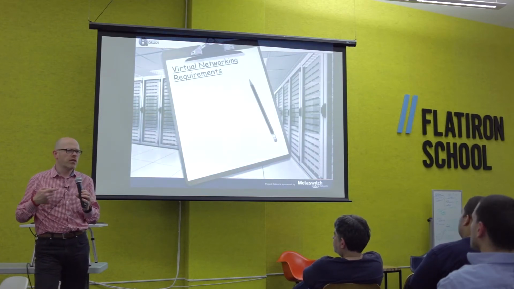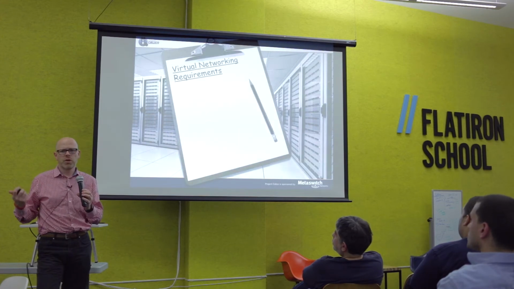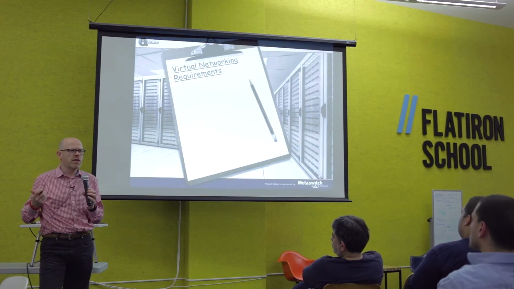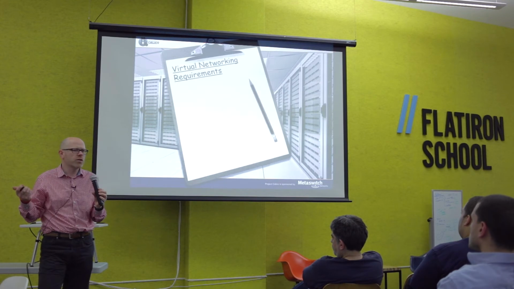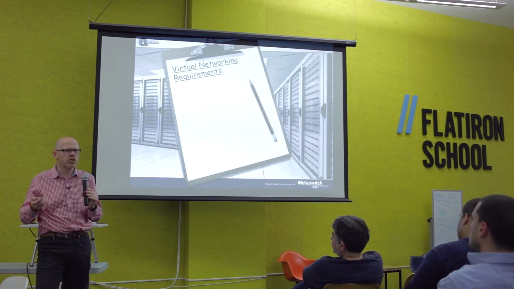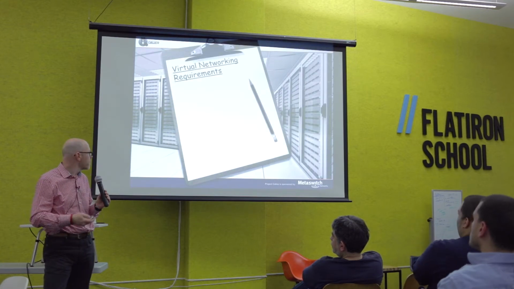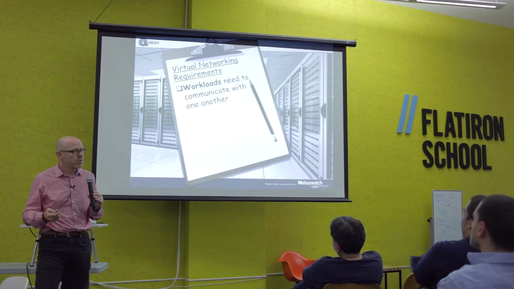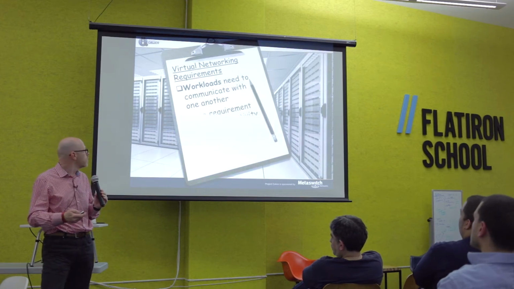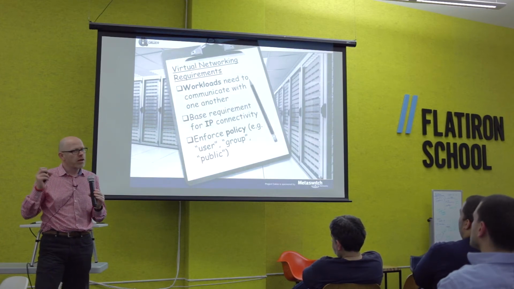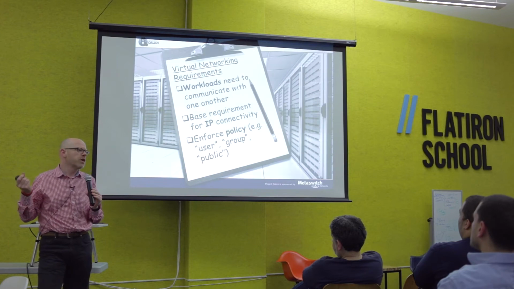I've got a bunch of workloads, each of which natively, everyone's applications these days, wants to talk IP. That's what you're writing for. You're not doing any strange things with layer 2. So I want to be able to get my IP packets out. We want to be able to communicate with one another and to the outside world. And I have some kind of policy that I want to impose as well.